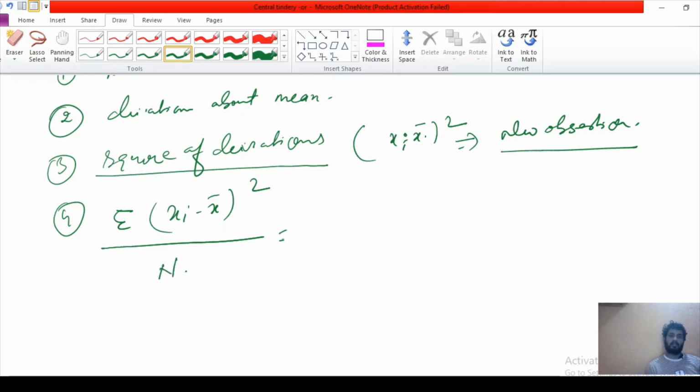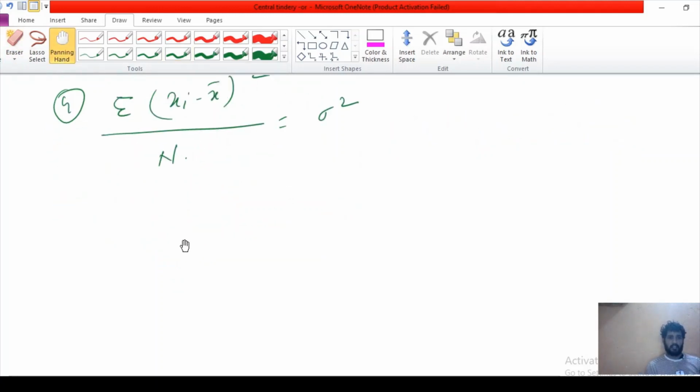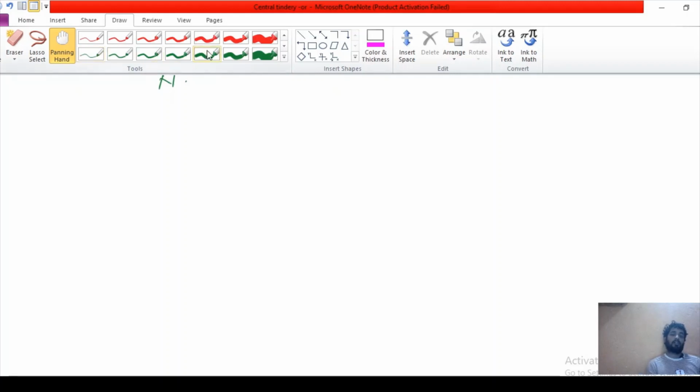This is our variance, right. We can find variance for our different distributions.